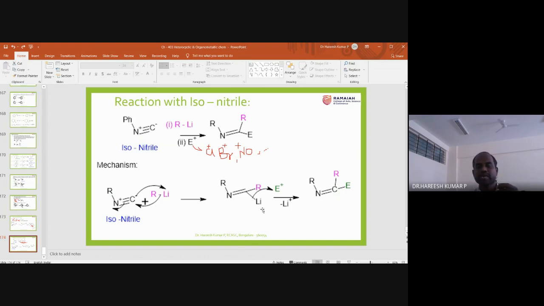This intermediate reacts with an electrophile. The electrophile may be an alkyl halide or aryl halide, or an electrophile such as Cl plus, Br plus, NO plus, NO2 plus, SO3H plus, something like that. So this is the product.